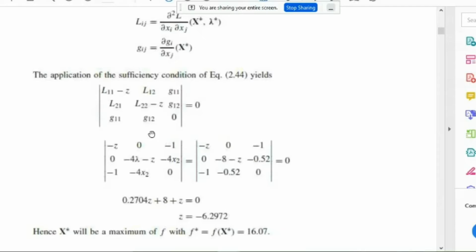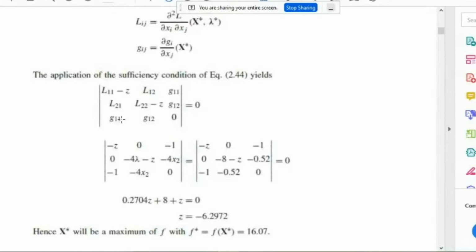And then G11, G12. In the subscript 11 of G11, the first 1 represents the constraint number, as we have only one constraint, and the second represents the order of derivative, that is the partial derivative of the first constraint with respect to the first variable, del G1 by del x1.